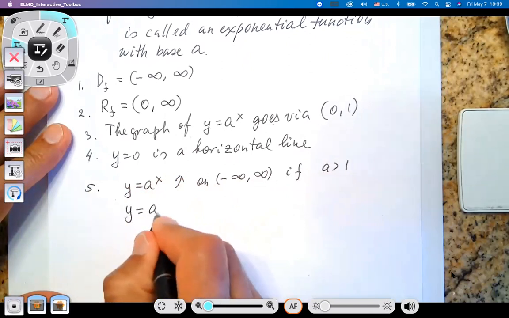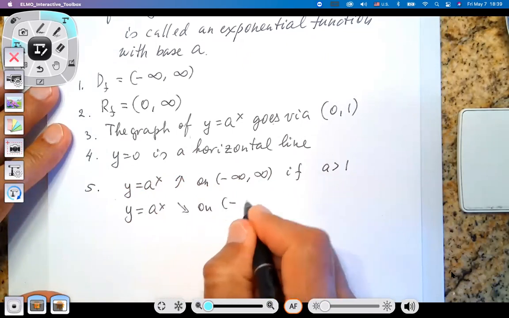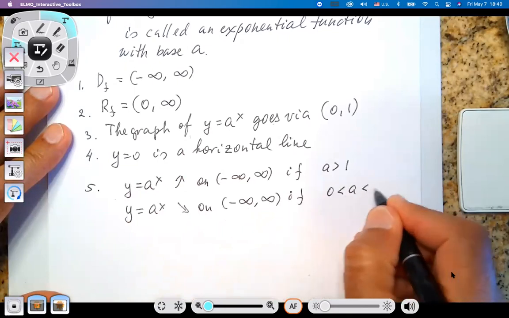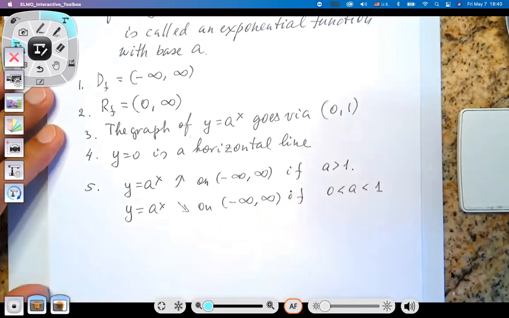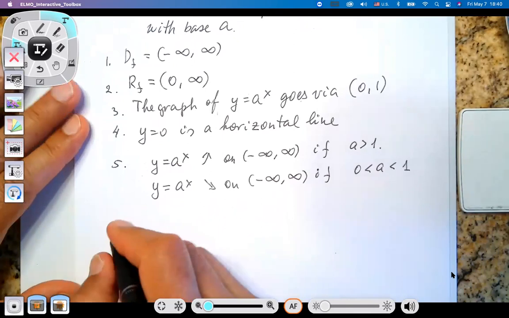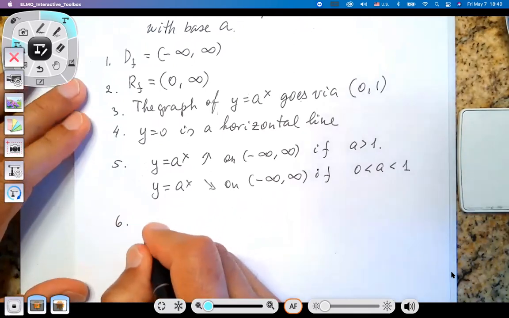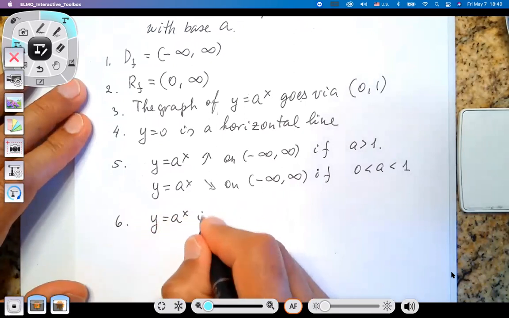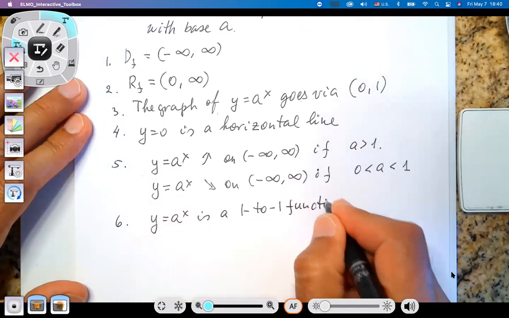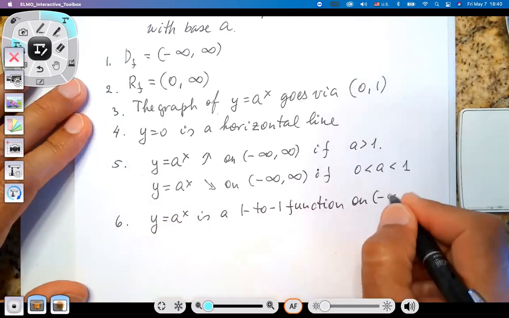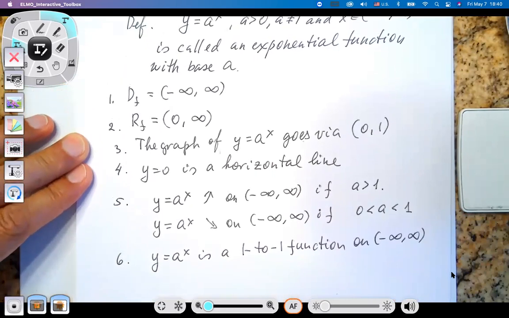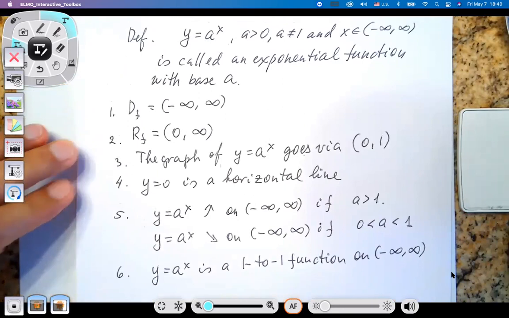And y equals a to the power of x is a decreasing function on its entire domain if a is between 0 and 1. y equals a to the power of x is a 1-to-1 function on its entire domain. So let's see all this on the graph.